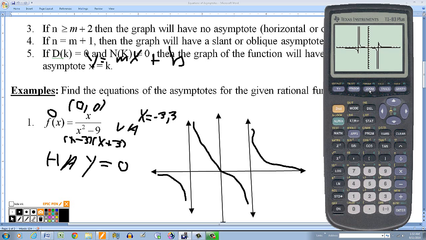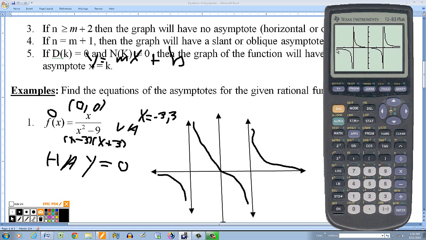Let's try another zoom here. Let's try this number 7, see if we get a better look at the graph. Okay, so the zoom trig that is normally used for trig functions gives me a better look at the graph.